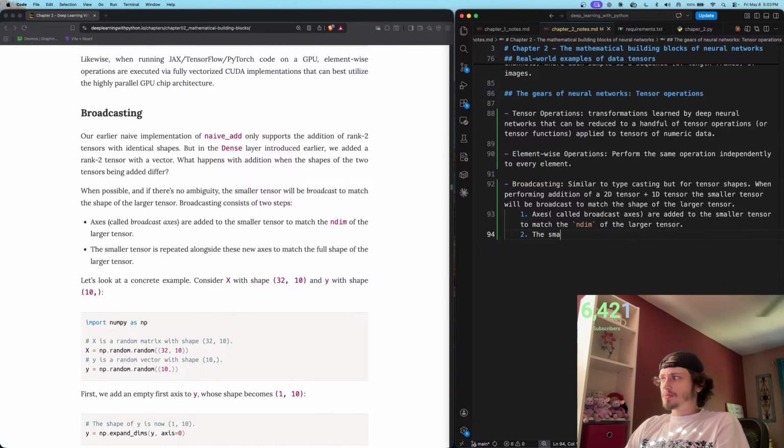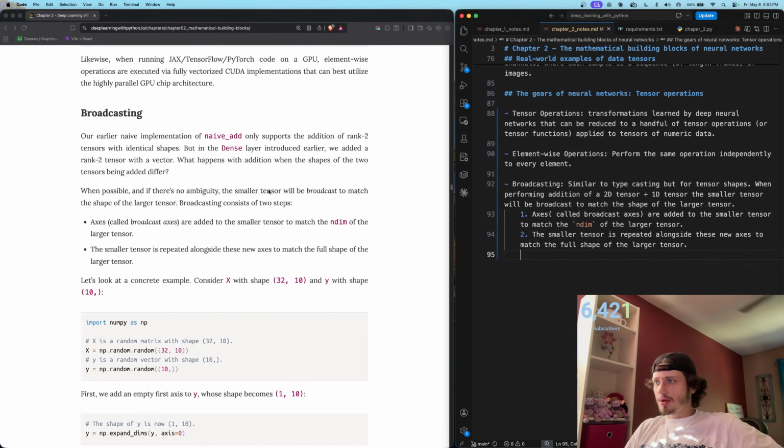Two, the smaller tensor is repeated alongside these new axes to match the full shape of the larger tensor.